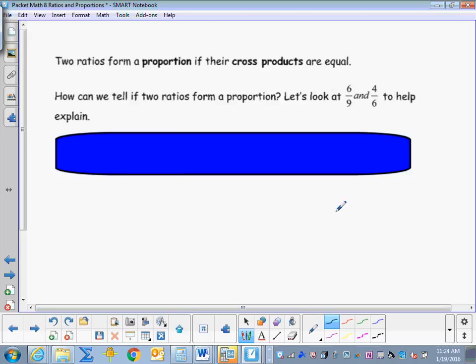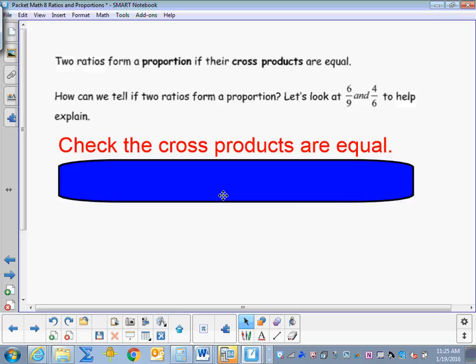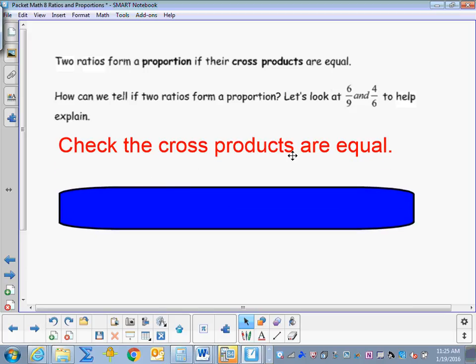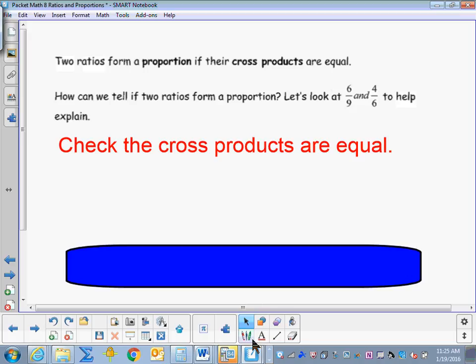Two ratios form a proportion if their cross products are equal. How can we tell if two ratios form a proportion? Let's look at 6/9 and 4/6 to help explain. So the way we can tell that two ratios form a proportion is that we check their cross products are equal. So when we cross multiply, we should get the same answer.